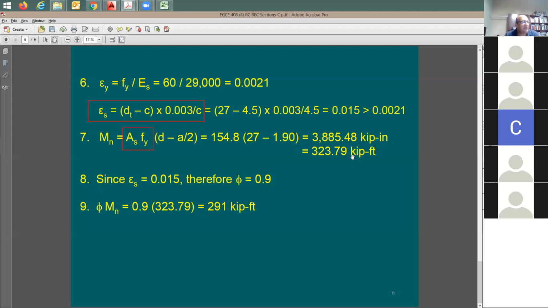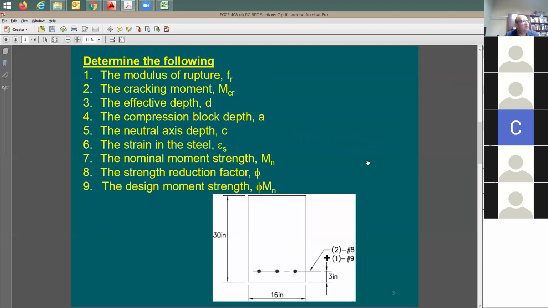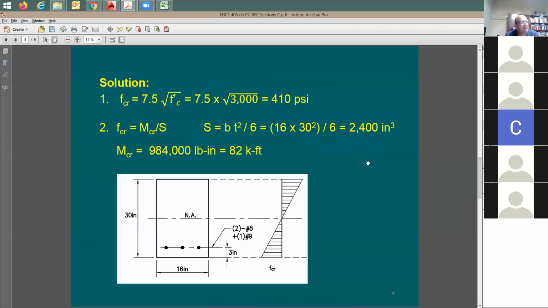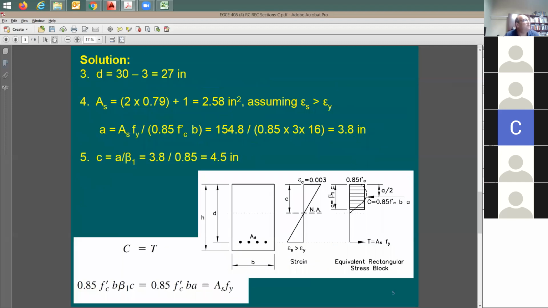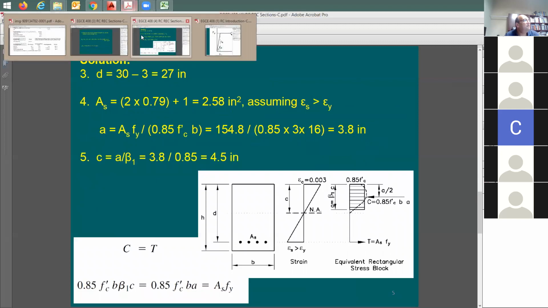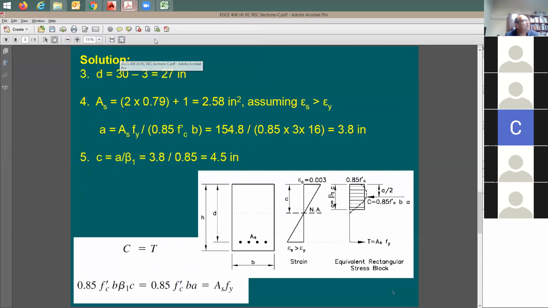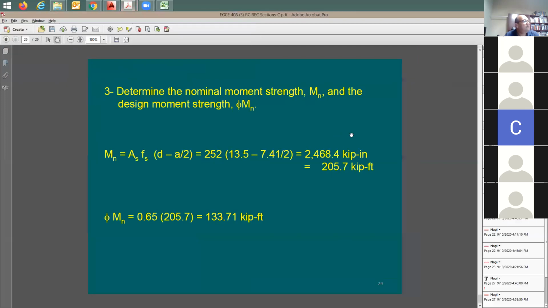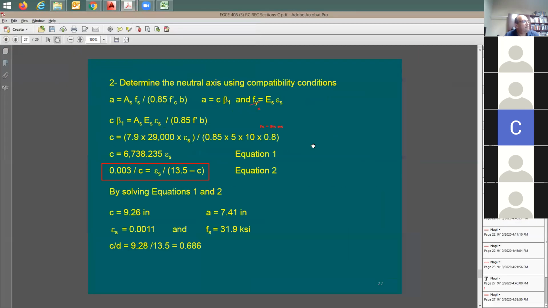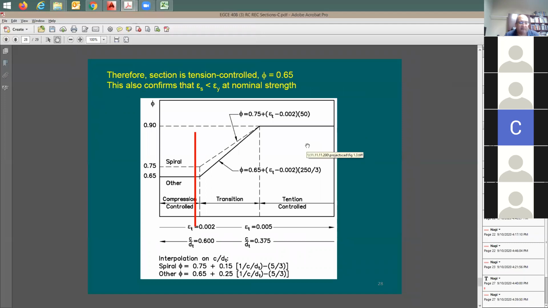Now look also at the strain. The strain in the steel is going to be 0.015. Is this good for the phi factor? Let me go back and check the chart. 0.015. Not in this one. It should be in the other one. 0.015.